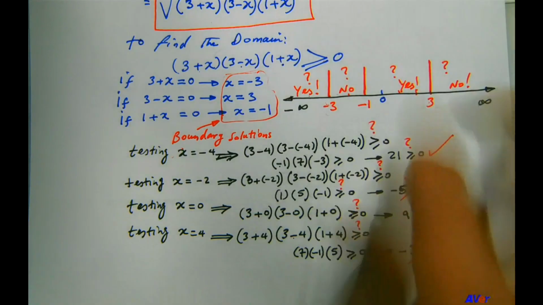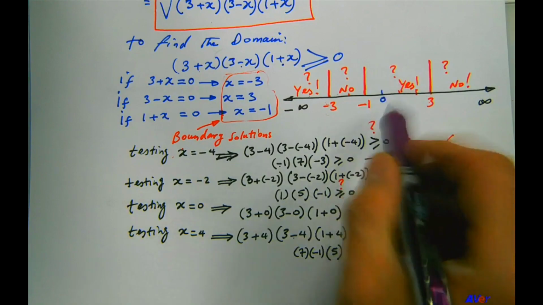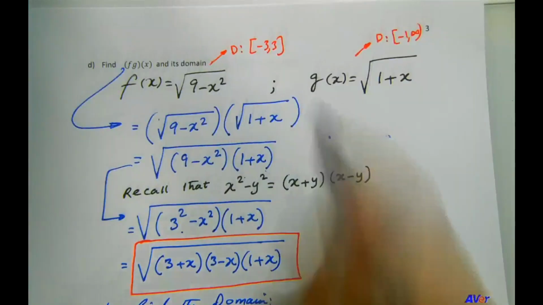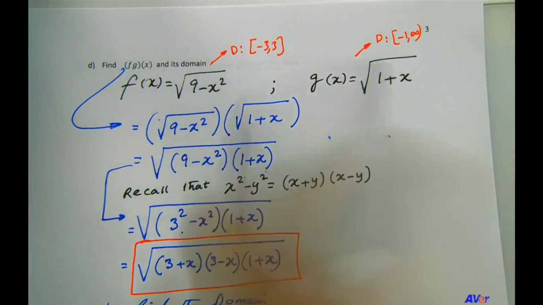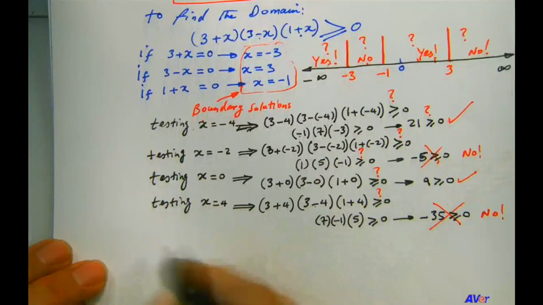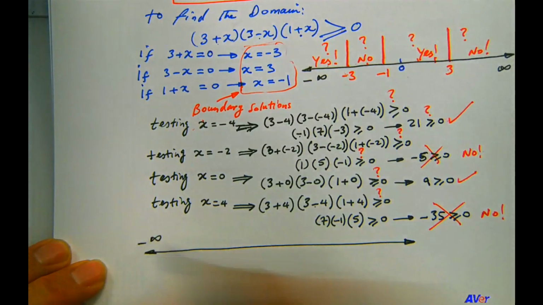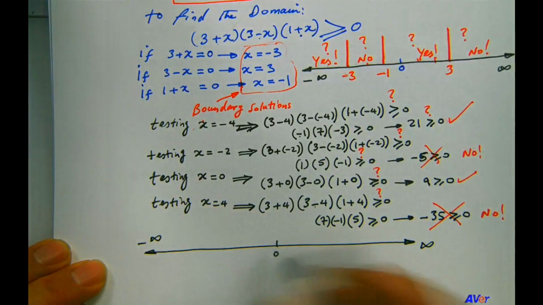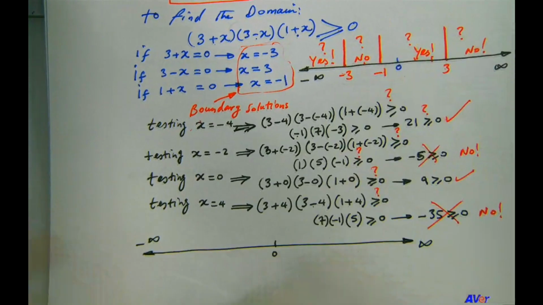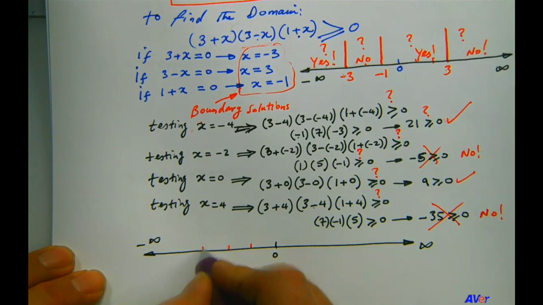Well, let's compare this with the domains of the parent functions. Let's do that, and I'm going to use a graph to do it. Here is our graph: -infinity to infinity, 0 in the middle, and we have -1, -2, -3.